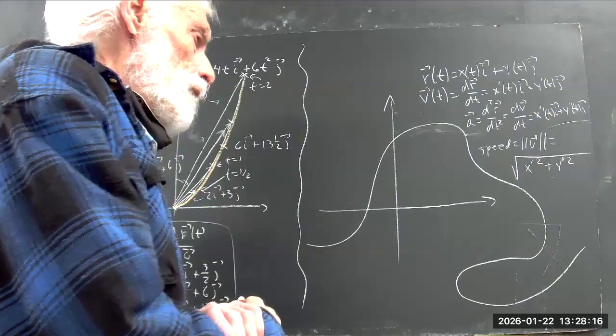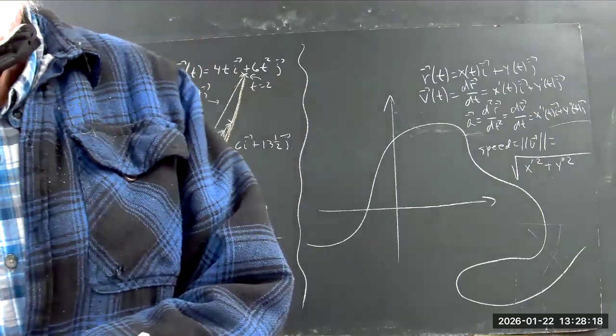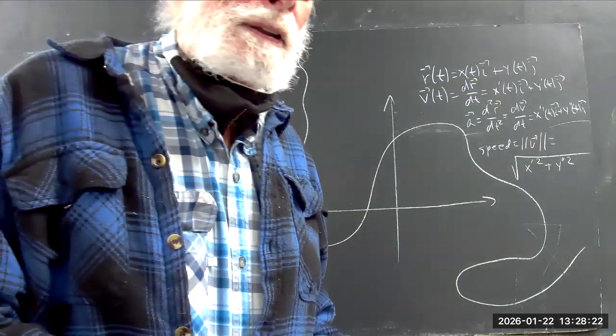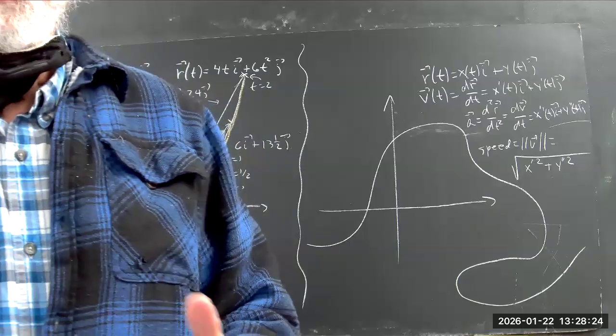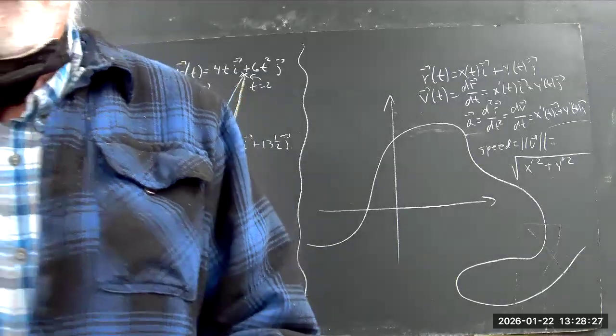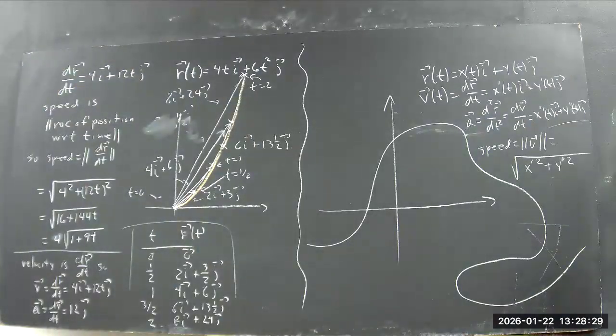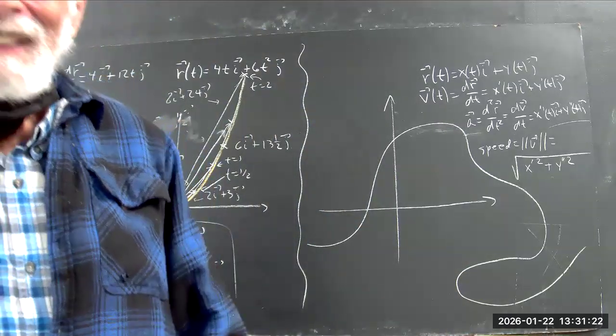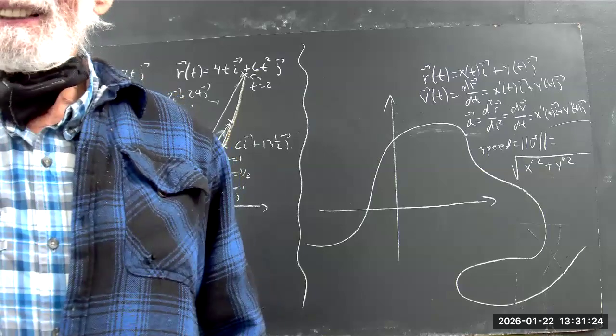Okay, so what if I want to find how far I move along this curve? How do you put speed together with time to get how far you go? Okay, now I talked to people and tried to talk them into something.